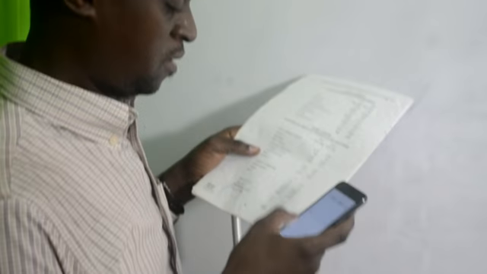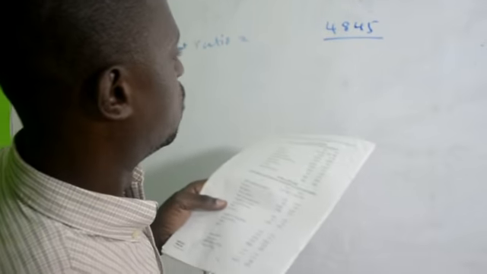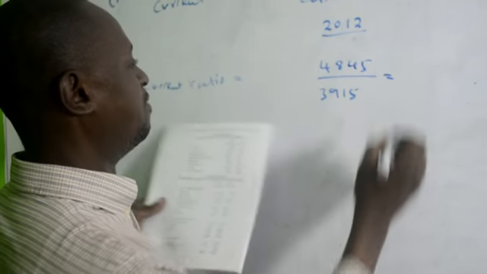we have current liabilities. The figure has been given, that is 3915. Let's just confirm. So we have 1395, add 1344, you add 1176. So that is 3915. It was given by the examiner. Now let's divide this.